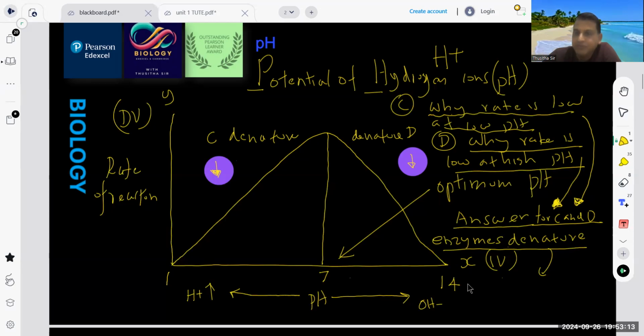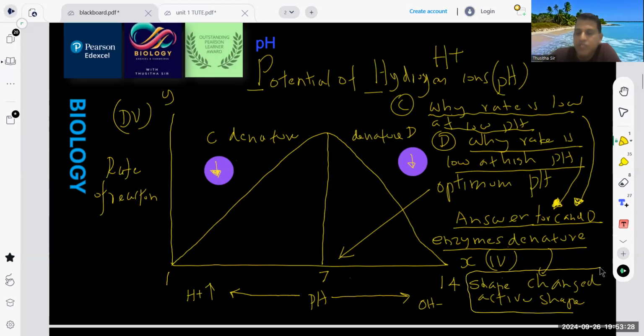Enzyme denature, denature is shape change. So the active site shape changes. The meaning of denature is active site shape change.